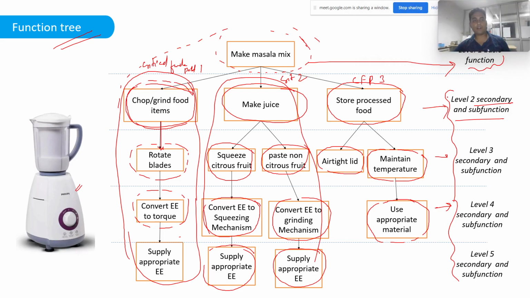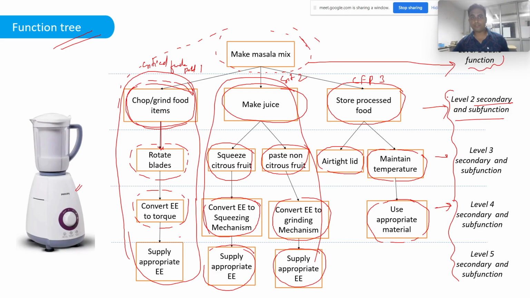In the last class, I discussed how we can arrive at specifications using various techniques, and in this class, I covered how these specifications are converted into functions using two functional decomposition methods. One is the SOP method, which is generally used for existing products using reverse engineering.